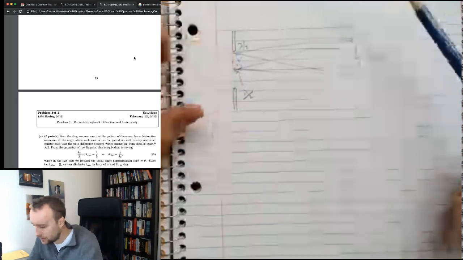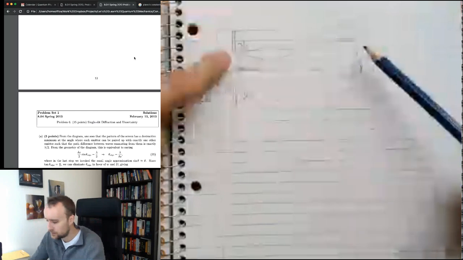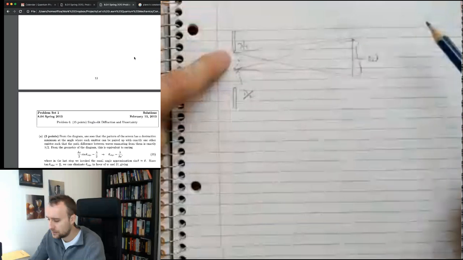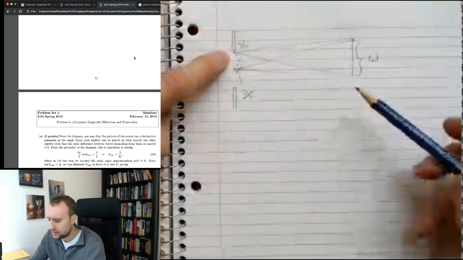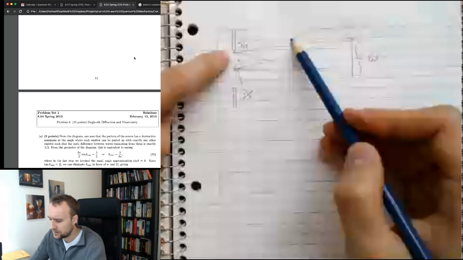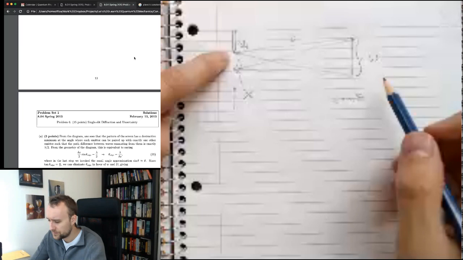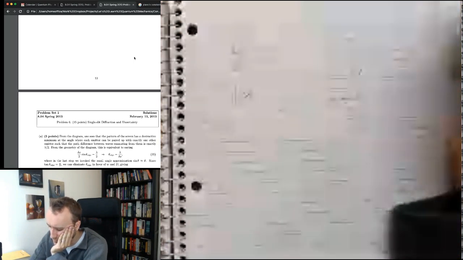But where's the right angle here? I guess because, oops, that worked. This is D, tan theta. This theta is here. Oh, I guess because this is a right angle.